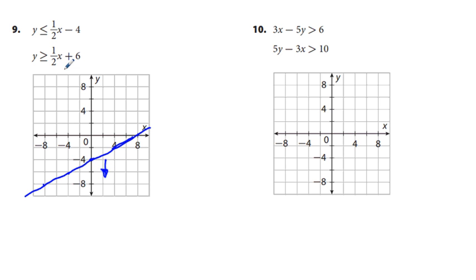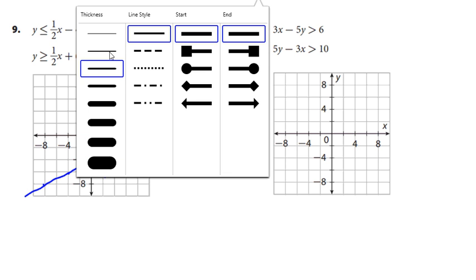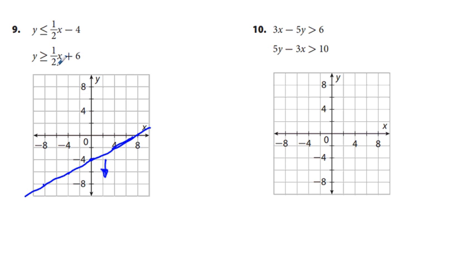Next, to use a red one, we have y is greater than or equal to 1/2 x plus 6. We go up here to our y-intercept of 6. Then we go up 1 over 2, and in the other direction. So this is what that one looks like.